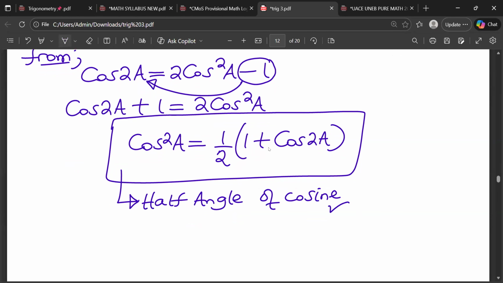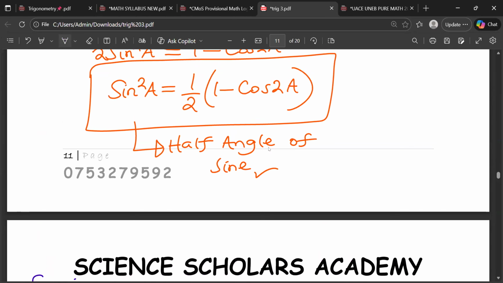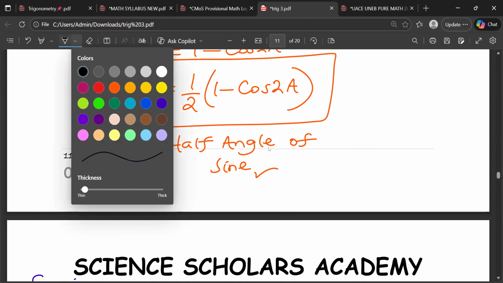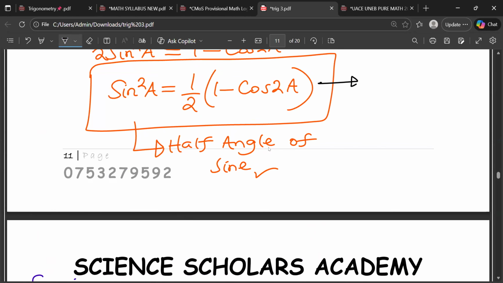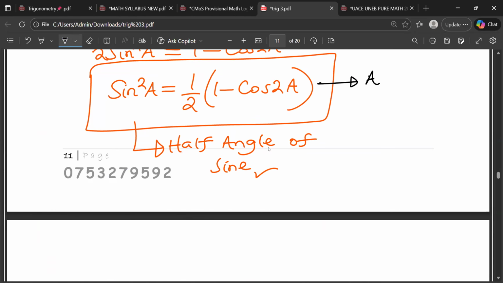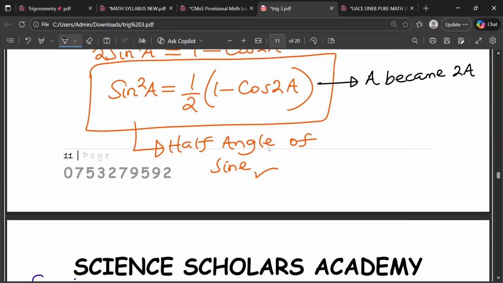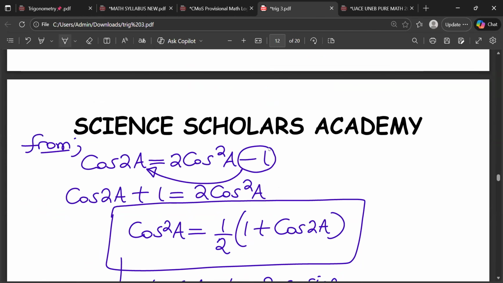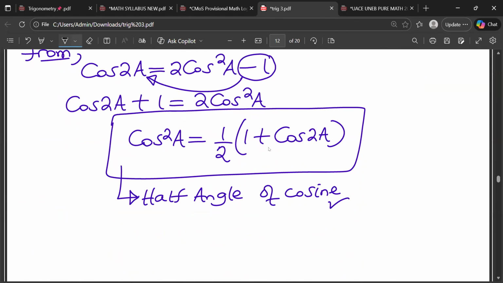And there are just two things to notice. So we are seeing A became 2A. I think you can see. This was A, but it became what? 2A. Is that really hard? What else do you see?